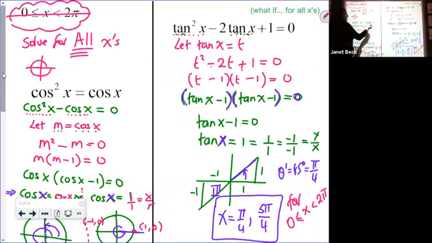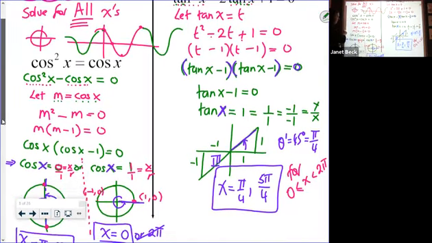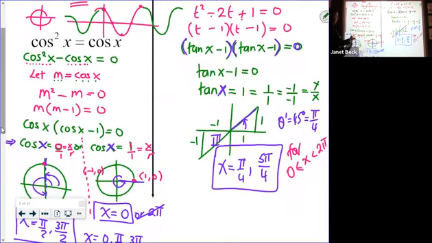Let's take a cosine, for instance. We've just gone from 0. We've done one period of the wave. But we know that this wave goes on and on and on forever. For all x's, we've got to find all places where that wave, that cosine, is at 0 or at 1.